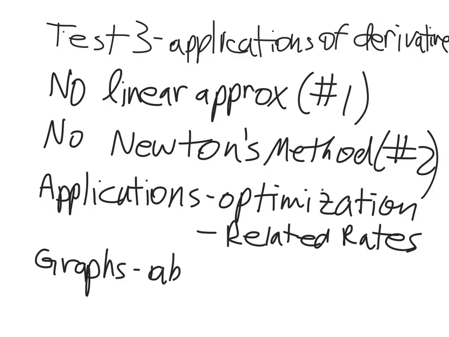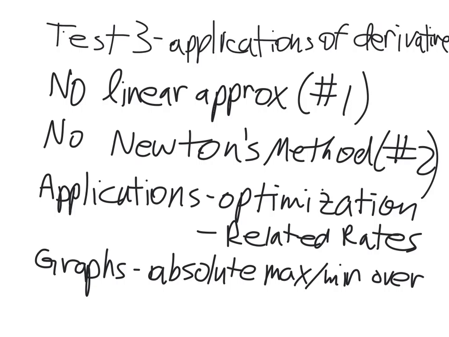Maximums, whether it's an absolute maximum or minimum over a certain interval. Now, because we're restricting it to a certain interval, the maximum or minimum may occur at the endpoints, but also could occur at critical points. Okay, critical points where the derivative equals 0 or the derivative is undefined.